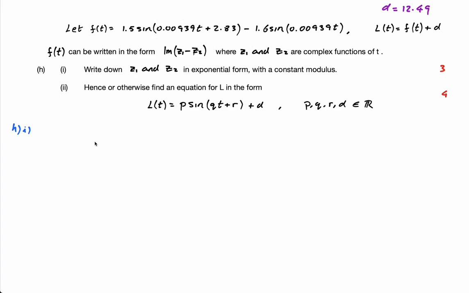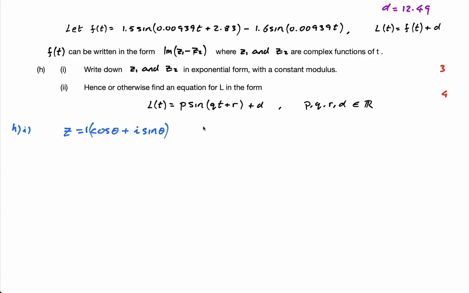So the imaginary part of a complex number, if you remember, let me just give you this: r cos theta plus i times sine of theta, or r cis theta.